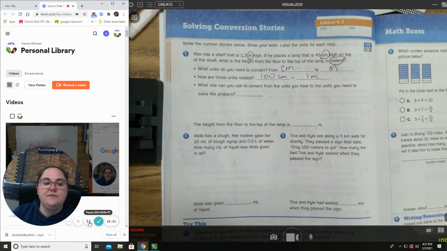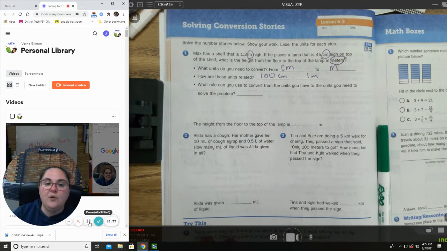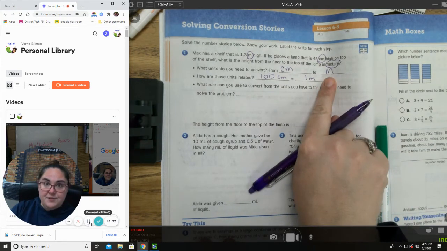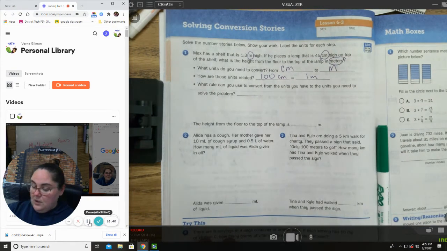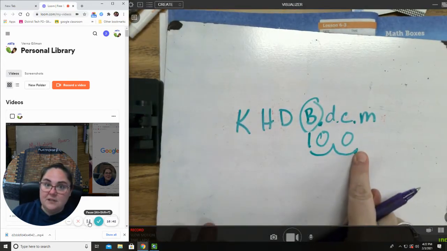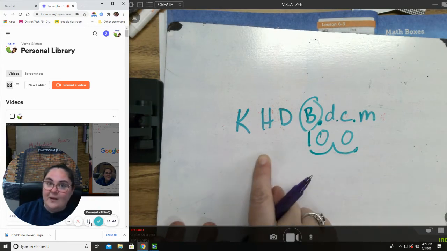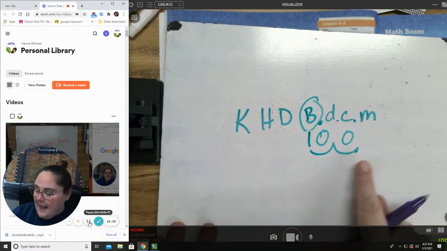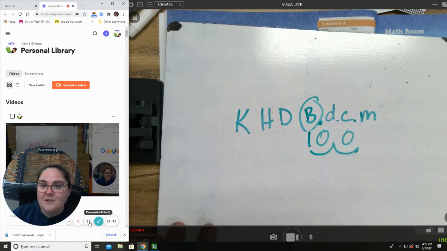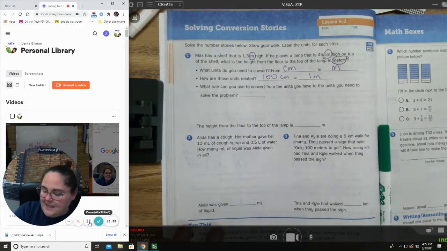What rule can you use to convert the problem to units so that you know how to solve the problem? Well, I'm trying to change it to meters. So if I have centimeters and I need to change it to meters, I'm going this way. So I'm going to divide. I am moving 2 spaces, so I'm dividing by 10 to the second.